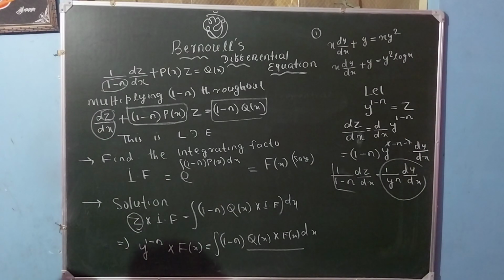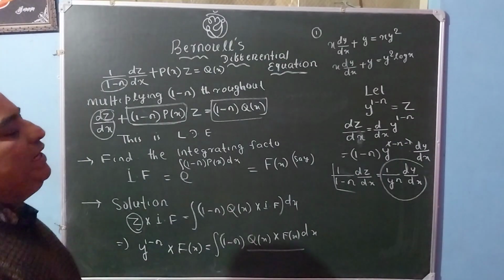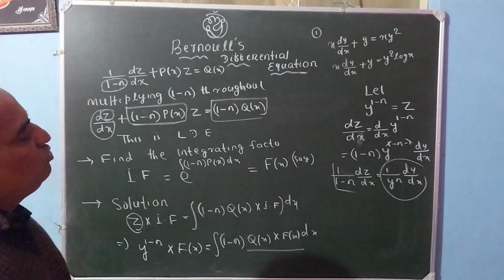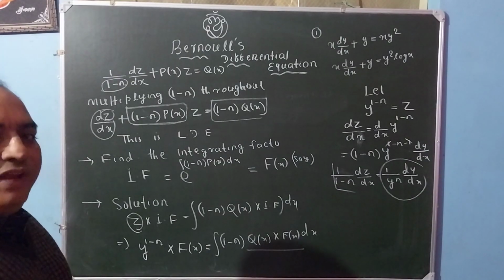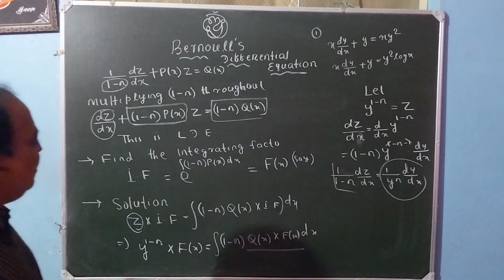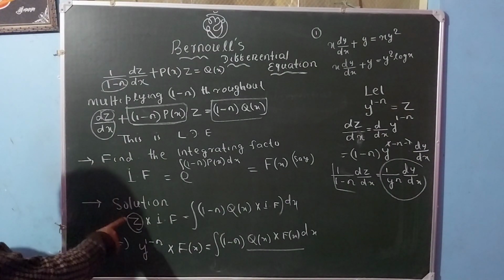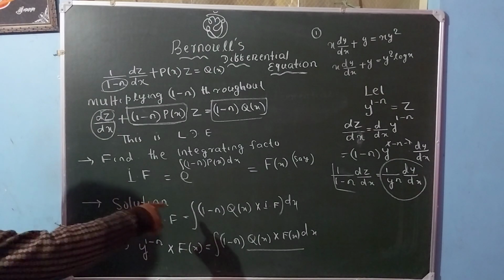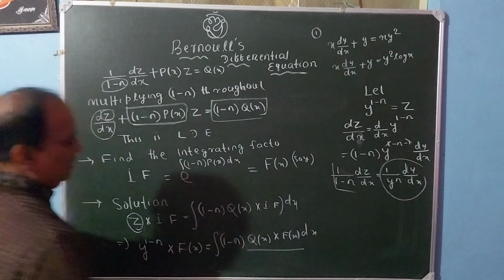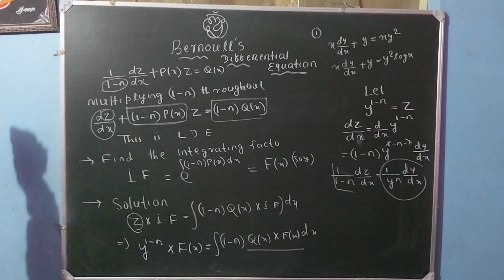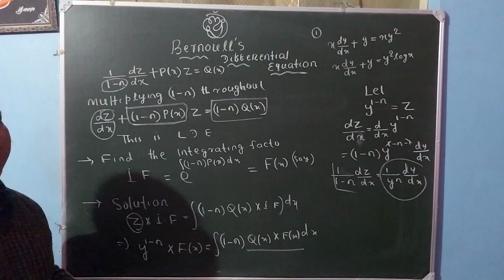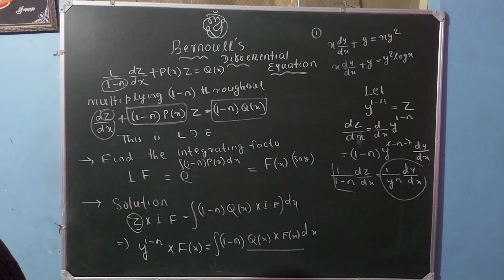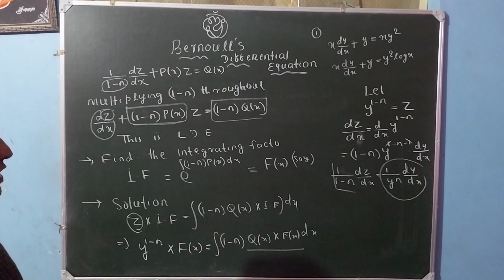Step 1: first of all, divide by y to the power n throughout. Then find the integrating factor. Then the solution is z into integrating factor. The Bernoulli differential equation is first converted to a linear differential equation, then you can solve the linear differential equation easily.